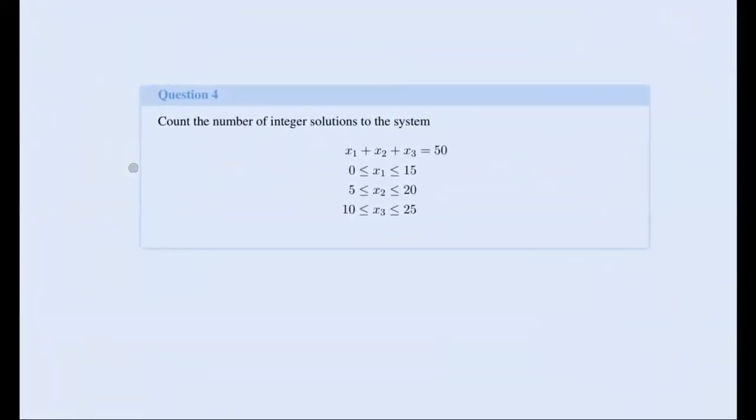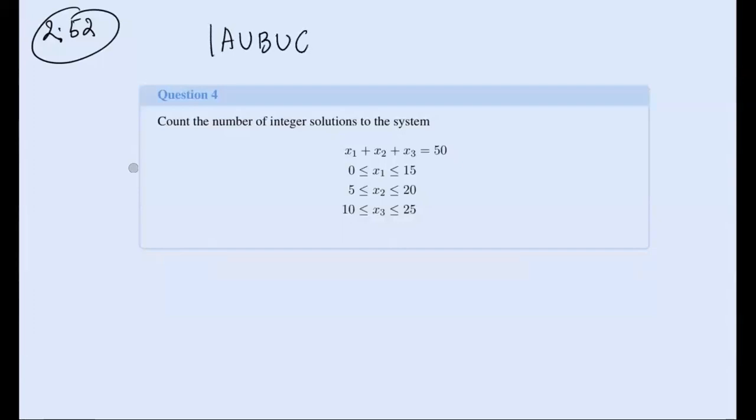I will give you again 5 minutes. This is a bit more difficult than what you did in question 2. For question 2, you only have this restriction, but now you have the upper bound restriction as well. One formula you might want to use is how to calculate the cardinality of the union of three sets.